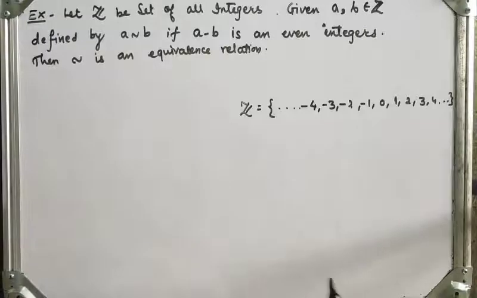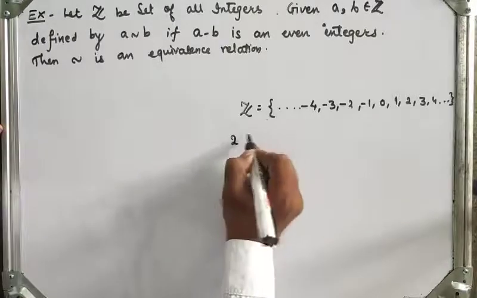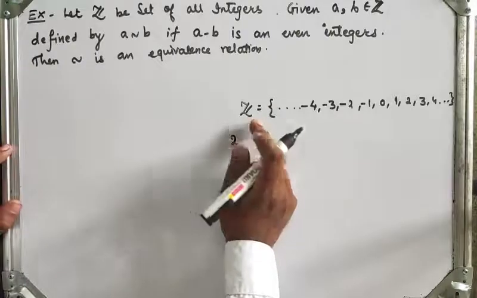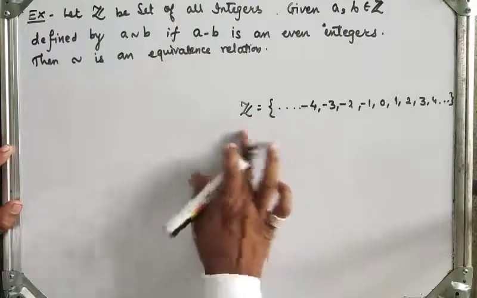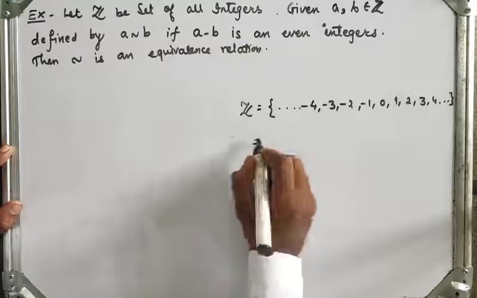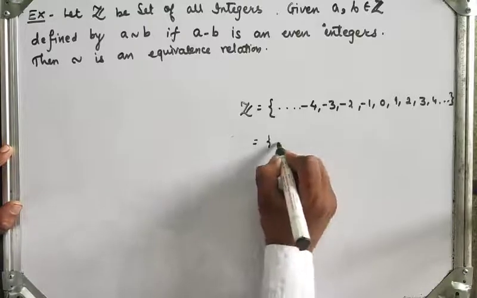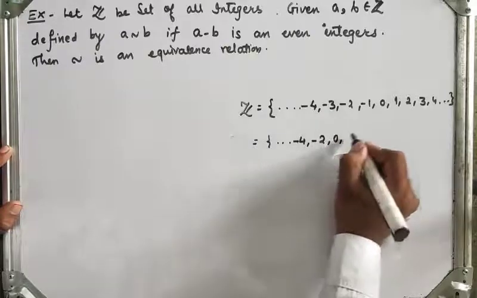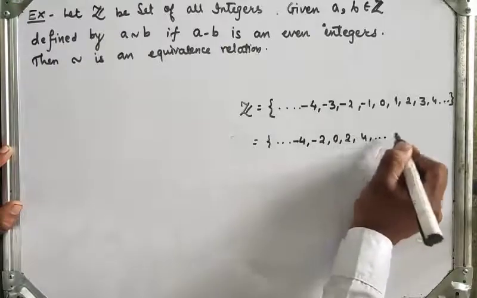So what are even integers? Even integers are multiples of 2. So even integers are, suppose, -4, -2, 0, 2, 4 and so on.